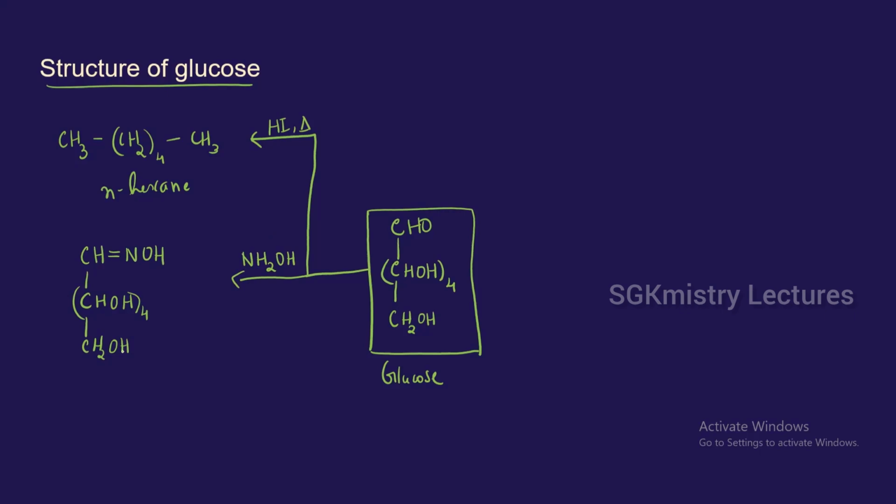Similarly, here when glucose reacted with hydroxylamine, they got the product which is glucose oxime. When glucose oxime was obtained, they knew that there was a carbonyl group, because even a keto group can give an oxime. So there may be an aldehyde or a ketone, overall a carbonyl group present in the molecule of glucose.